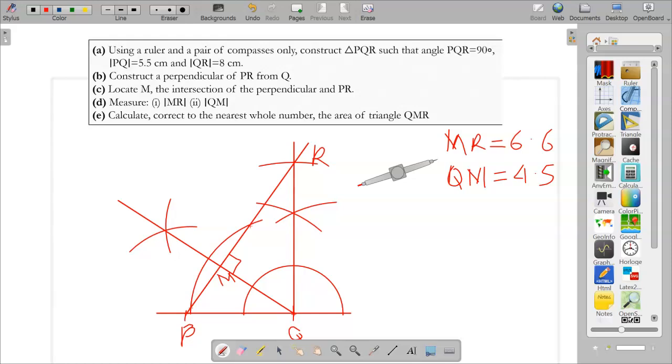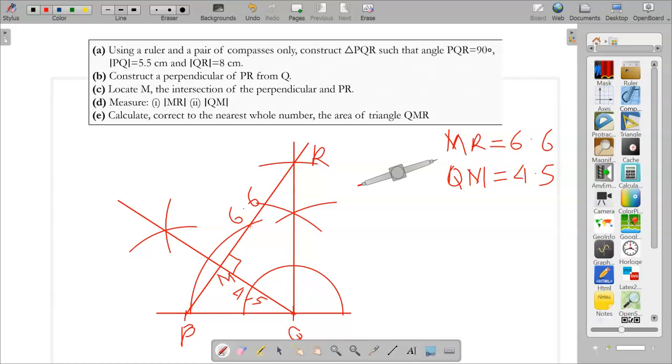That is what we did. That is the perpendicular distance from Q to meet PR. And so it makes the triangle MQR a right angle triangle. And if it is a right angle triangle, then the distance 6.6 here becomes our height, and our base becomes 4.5, that is the MQ.